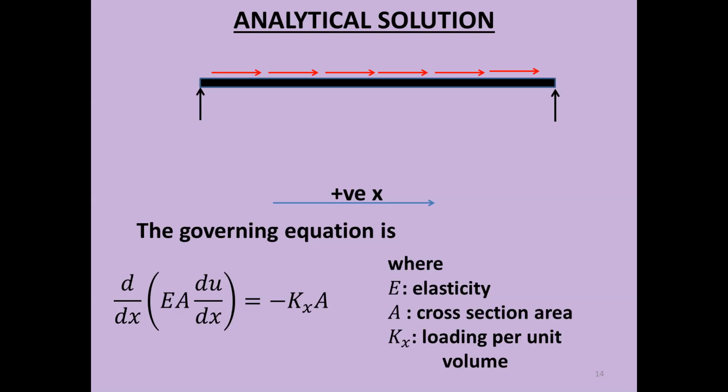Now, since this is a second order differential equation, the boundary conditions are going to be in terms of u or du by dx, or any combination of these two.